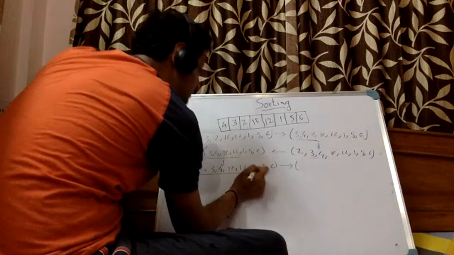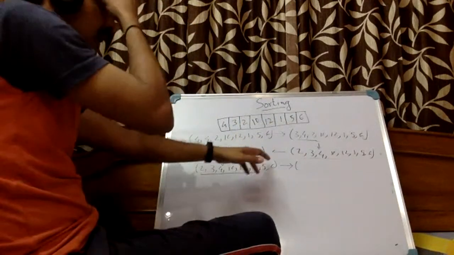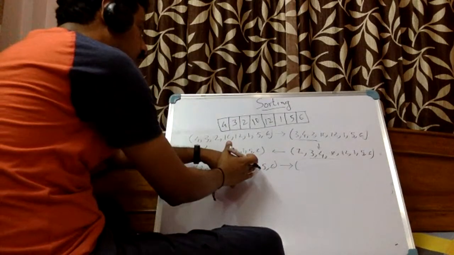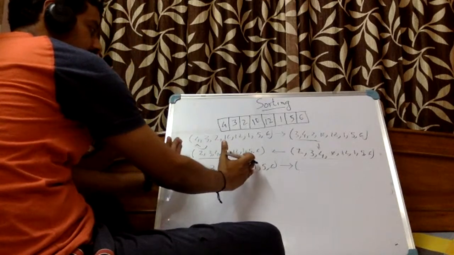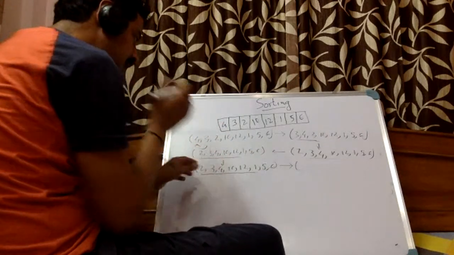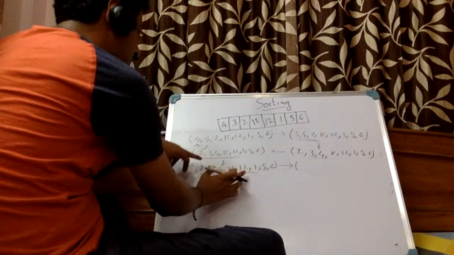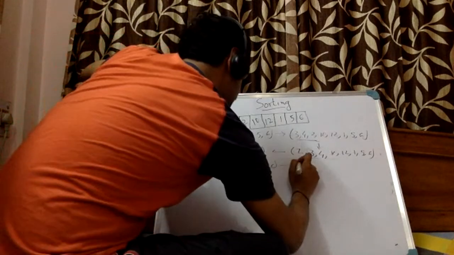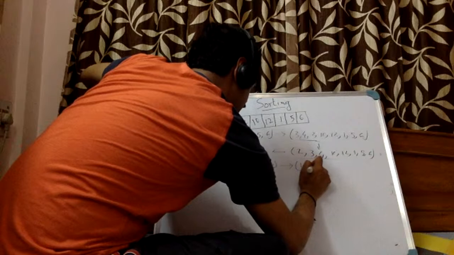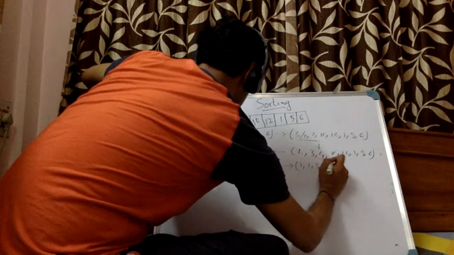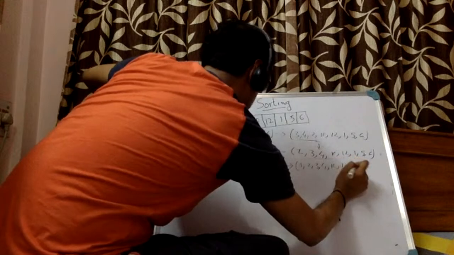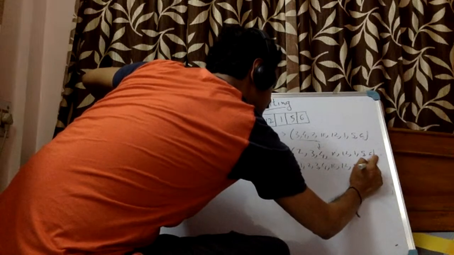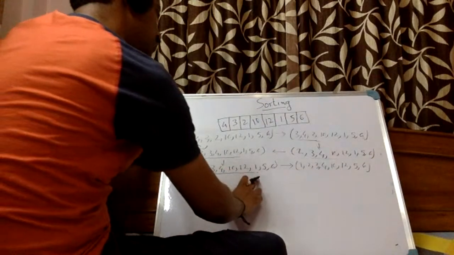When I'm taking the next value after 12, after taking this value 1, I have to compare it to the previously stored sorted array. So I have to compare to the entire array element, and as it is less, it becomes the first element. 1, 2, 3, 4, 10, 12, 5, 6.